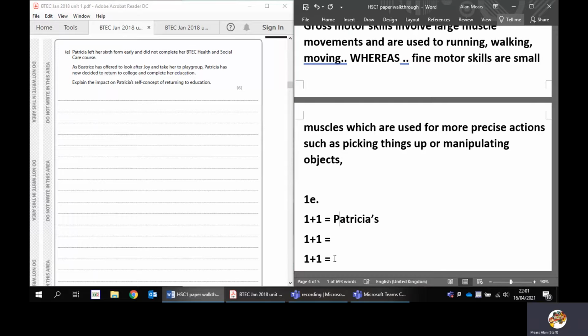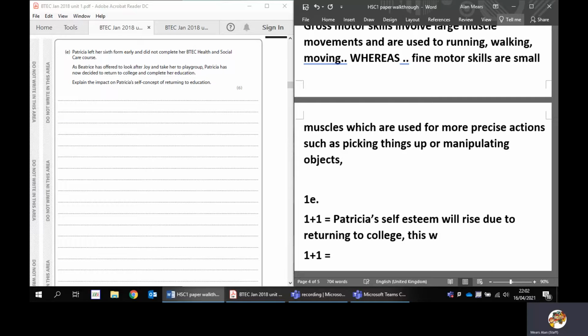I just did not put a capital. Right, Patricia's self-esteem, I know it's not the same as self-concept, but I'll come back to self-concept, will rise due to returning to college.